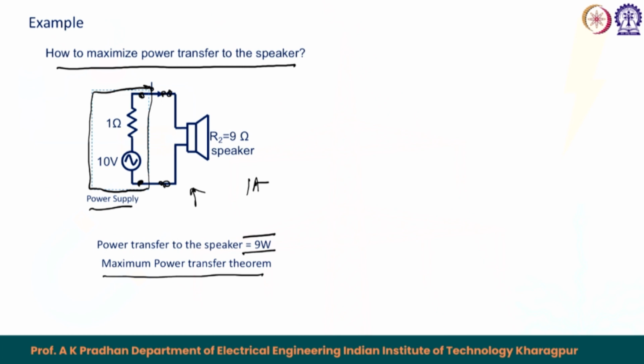For this case, as we have studied in single phase AC circuits, from the power transfer perspective for the power supply, if the load impedance happens to be 1 ohm, then the power transfer to the speaker can be maximized.